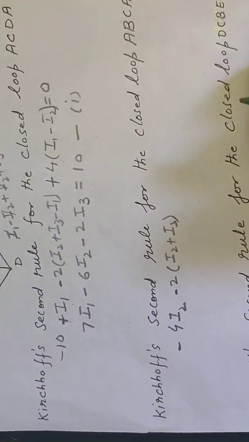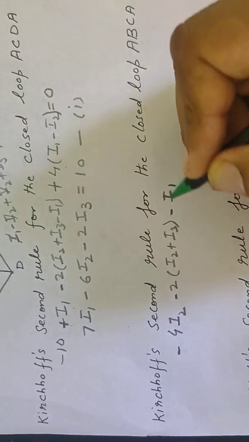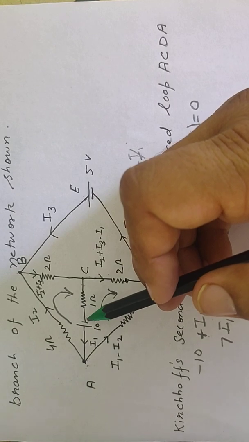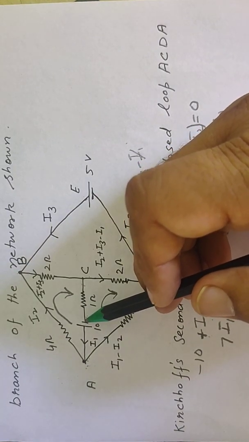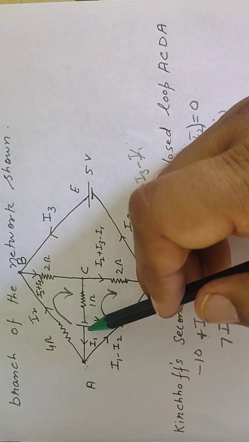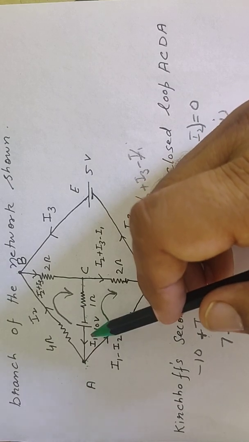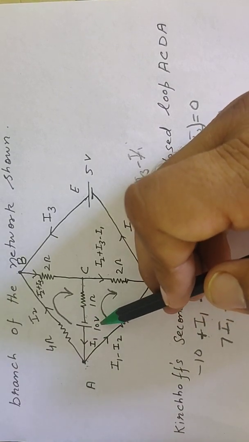So here I get I1, and the last is we are going from the negative side to the positive side. When we go from the negative to the positive side, it means we are going from the low potential to the high potential. So we take here 10 volt.